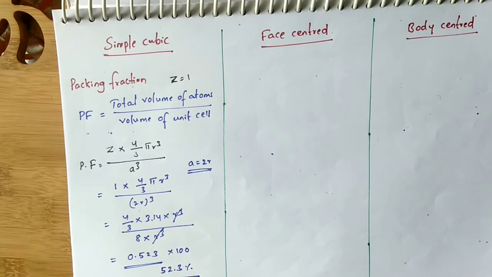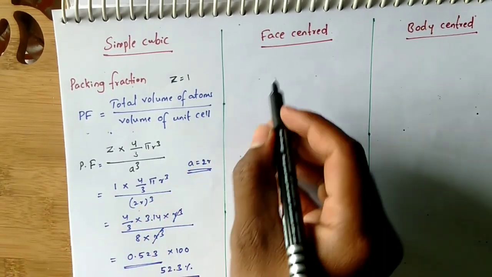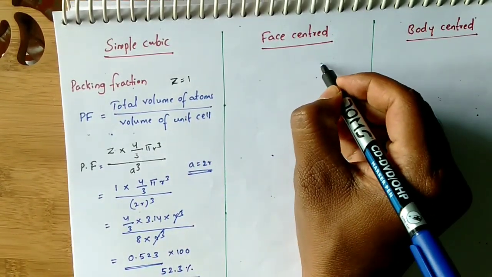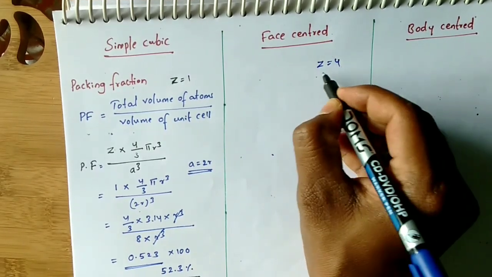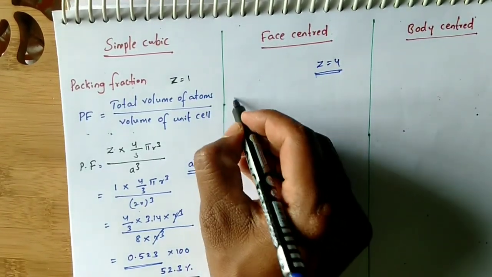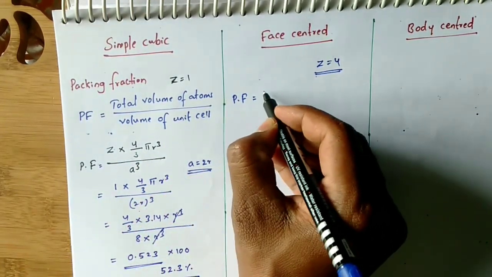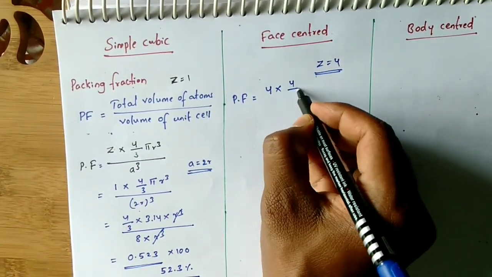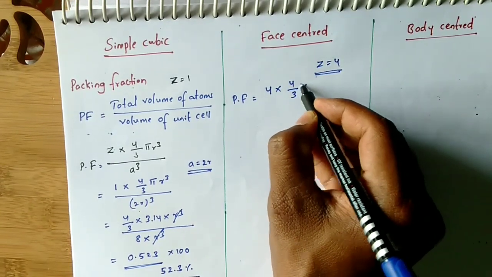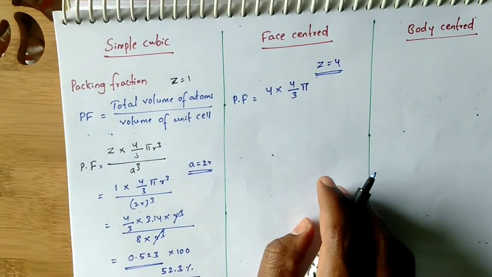What about face centered? What is the rank for face centered? Z equal to 4. Okay, so packing fraction is equal to z into 4 by 3 pi r cube, no, z equal to 4 into 4 by 3 pi r cube.